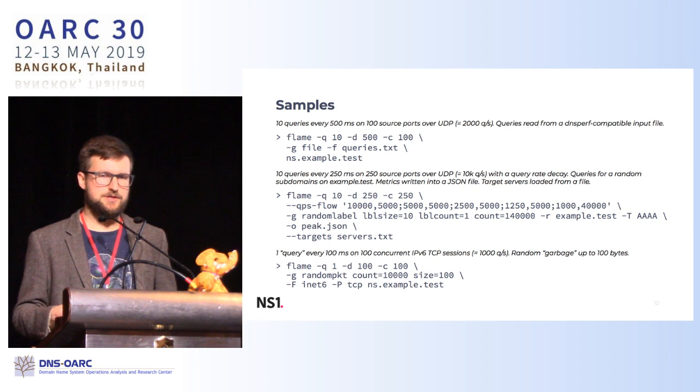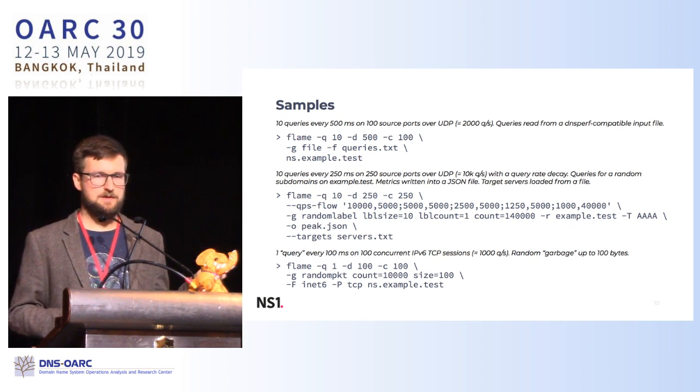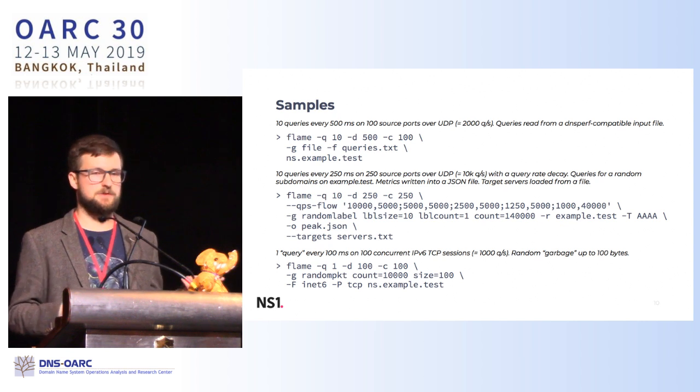This is actually random label, so the Mirai botnet-like queries, which will have a single label prepended to the domain example.test, and the label will be up to 10 characters. And it outputs into JSON, and actually, instead of targeting a single server, it targets multiple servers.